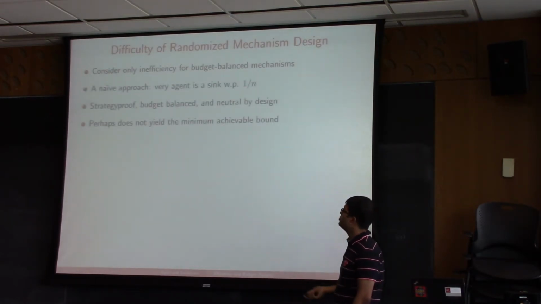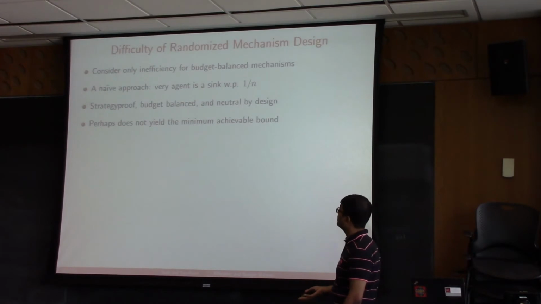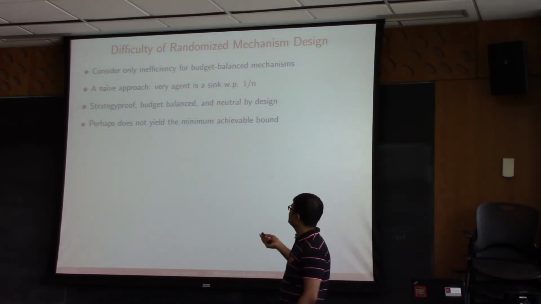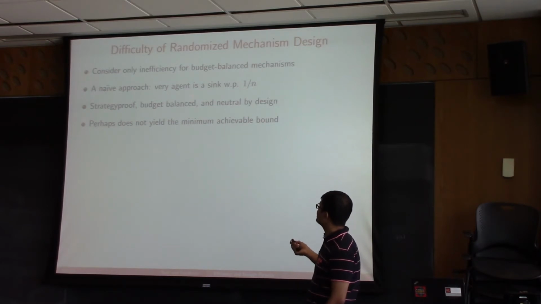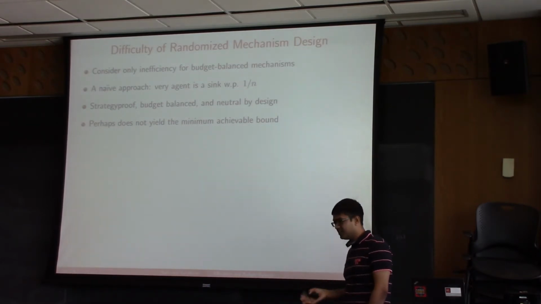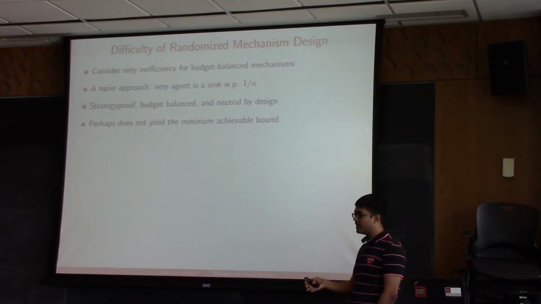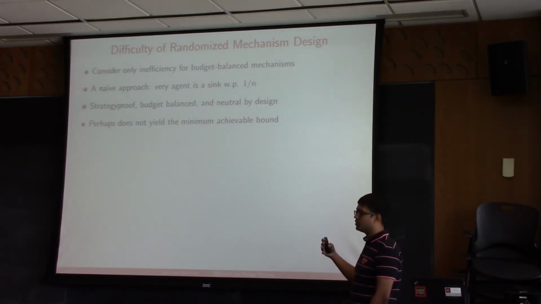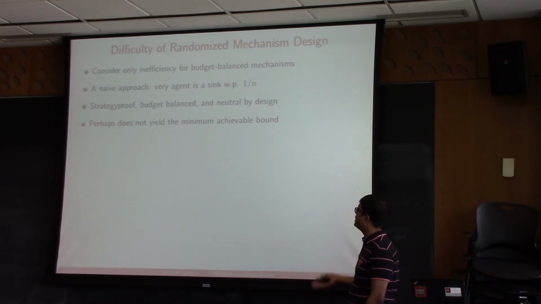A naive approach would be to pick every agent as a sink with probability 1 by n. Pick every agent uniformly at random and treat him as a sink. That is going to be strategy proof, budget balanced, and neutral by design. But maybe you can speculate that this is not going to give the minimum achievable inefficiency bound.